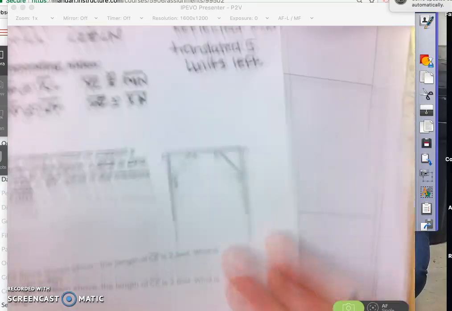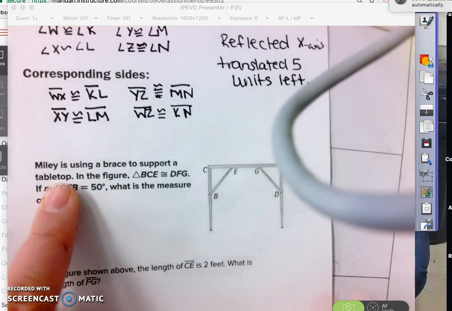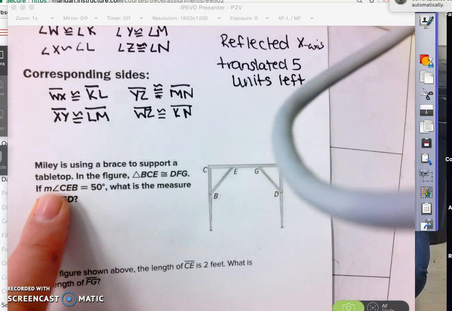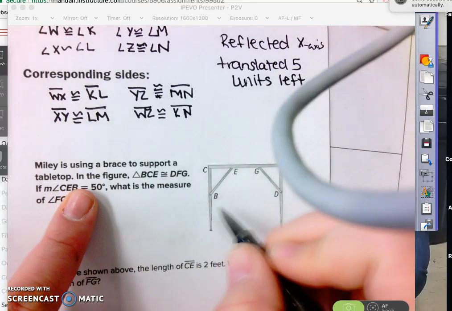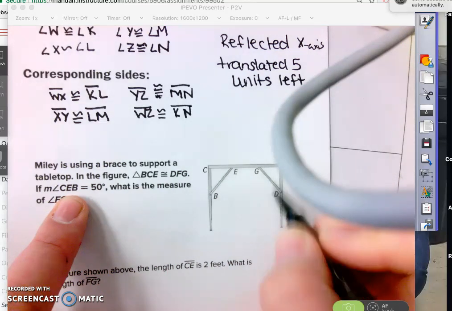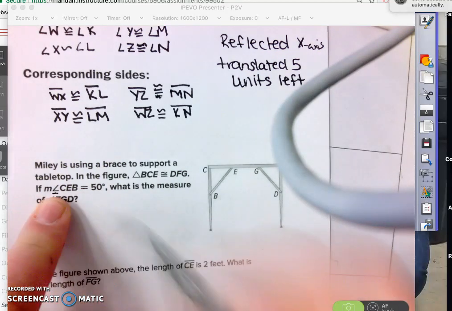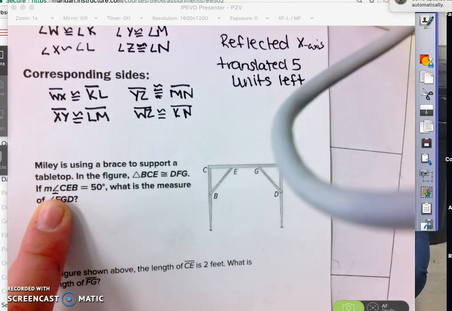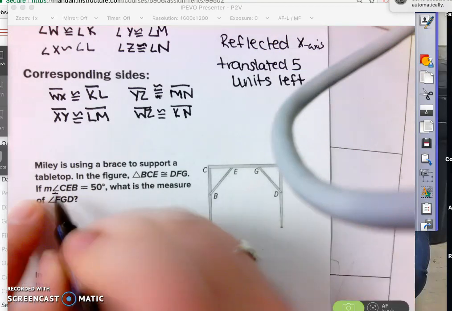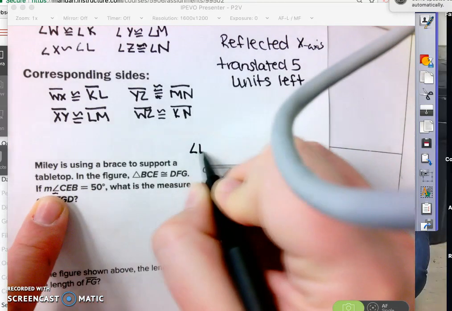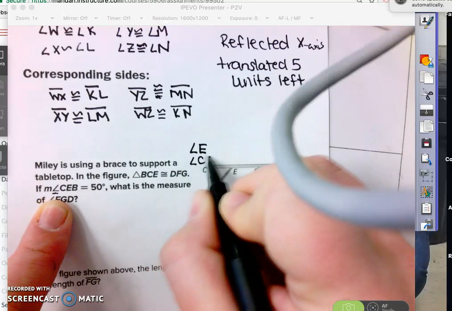Now our next one, we are going to be finding unknown angle measurements. So Miley is using a brace to support a tabletop right here. This is our brace. In the figure, BCE is congruent to DEF. So again, you can name an angle by saying the middle letter, so angle E is the same as writing angle CEB.